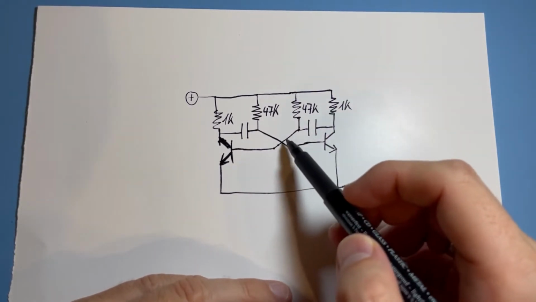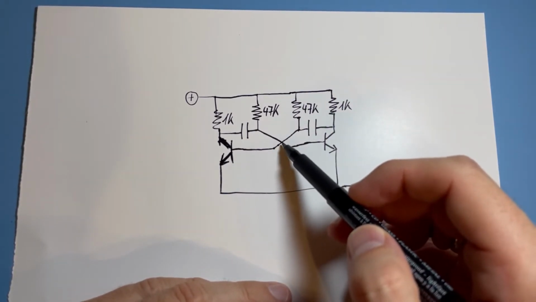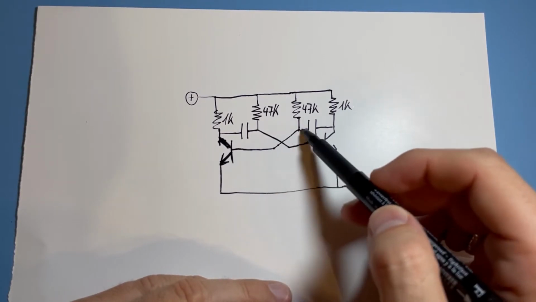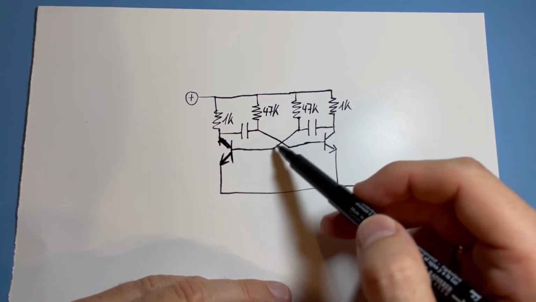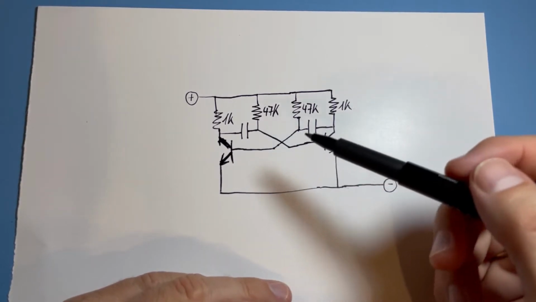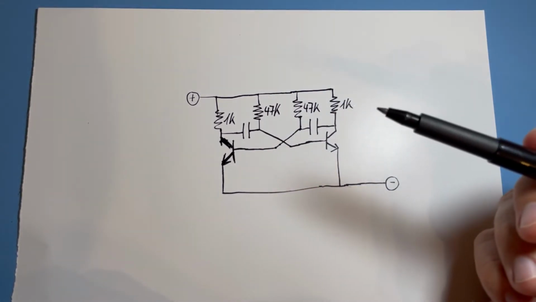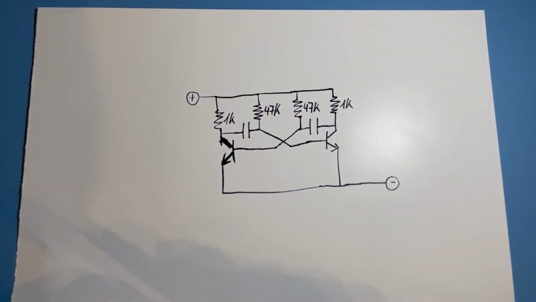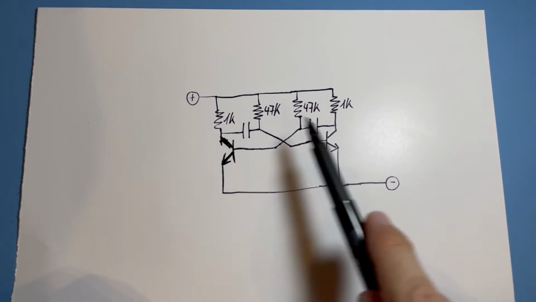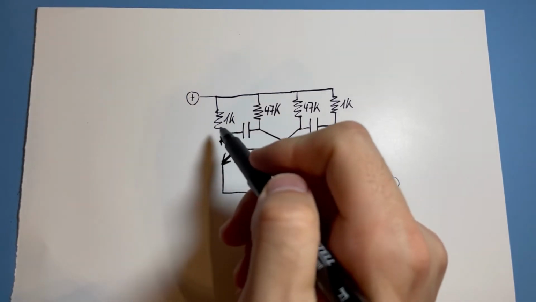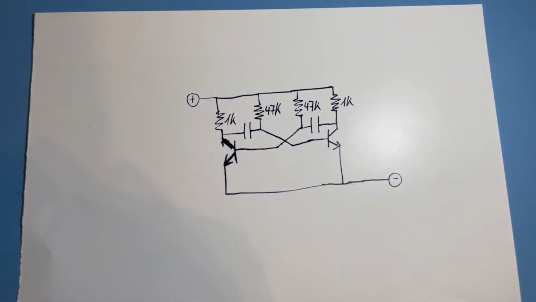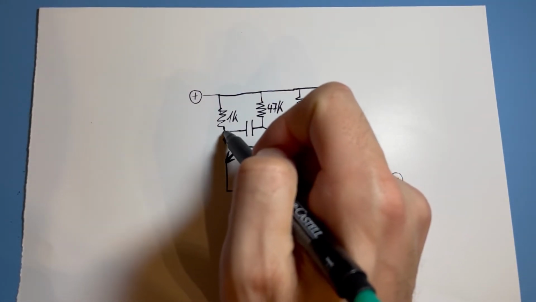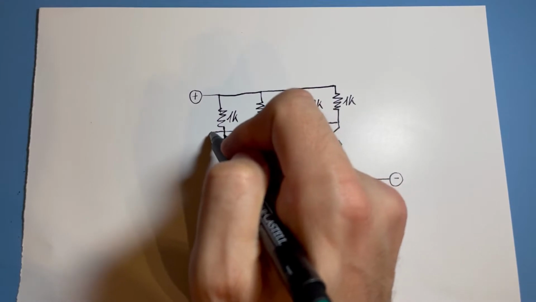And these two don't touch here. They look intersecting, but you can think of them as not touching. So this goes through, and this goes through, and they don't touch. And okay, that's pretty much the thing. Not so complicated. Only 4 resistors, 2 capacitors, 2 transistors, and then we have, so to say, our output here of the whole circuit. Quite interesting.